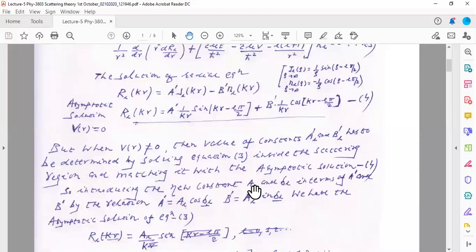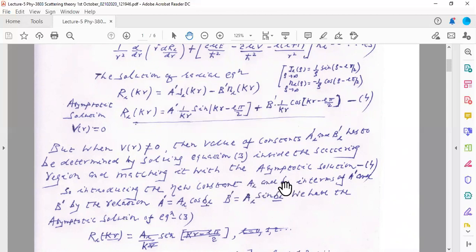I introduce a constant A_L and another constant delta L, and these two constants are related to the constants a dash and b dash. A dash and b dash are the constants calculated when the potential V of r is equal to 0, while A_L and delta L are the constants that we are introducing in presence of the potential.